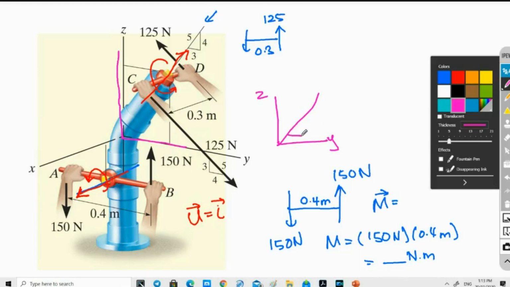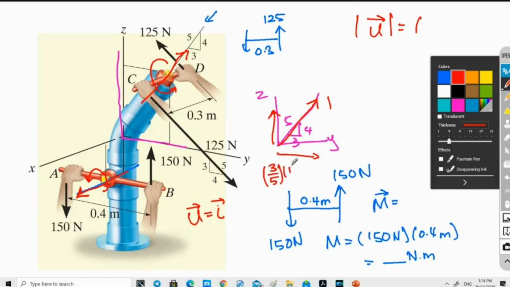Of course, this triangle is 3, 4, 5. In terms of finding the unit vector, we understand the concept: if you get the magnitude, it is 1. So if you draw the magnitude, it's just basically 1. What is this component and what is that component? This component is 3 over 5.